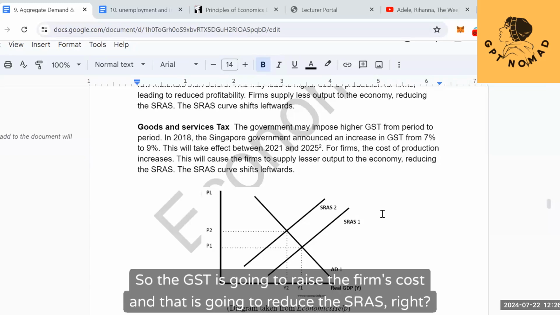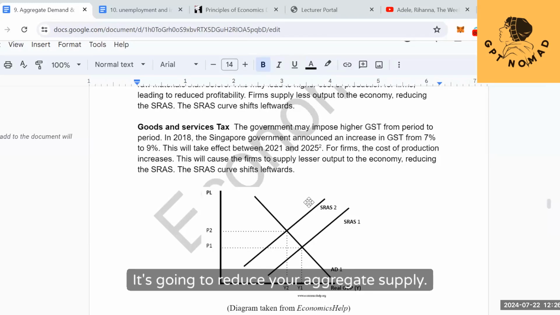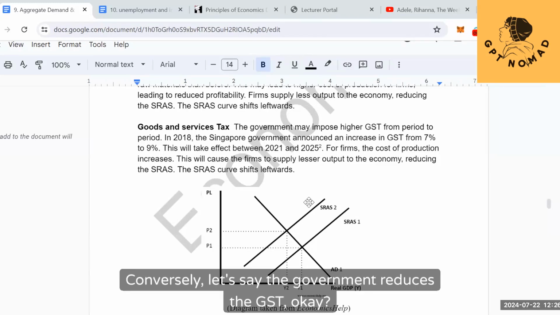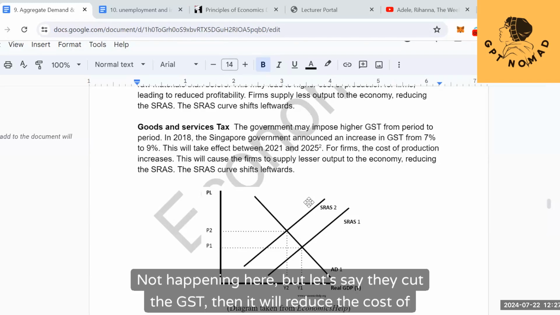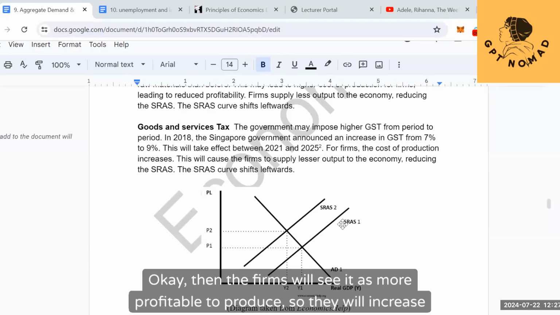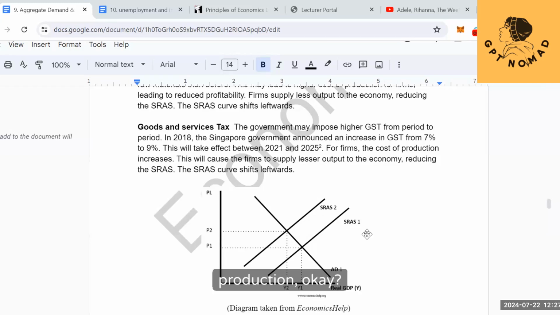So the GST is going to raise the firm's cost, and that is going to reduce the SRAS, your aggregate supply. Conversely, let's say the government cuts the GST, not happening here, then it will reduce the cost of production. Then the firms will see it as more profitable to produce, so they will increase production.